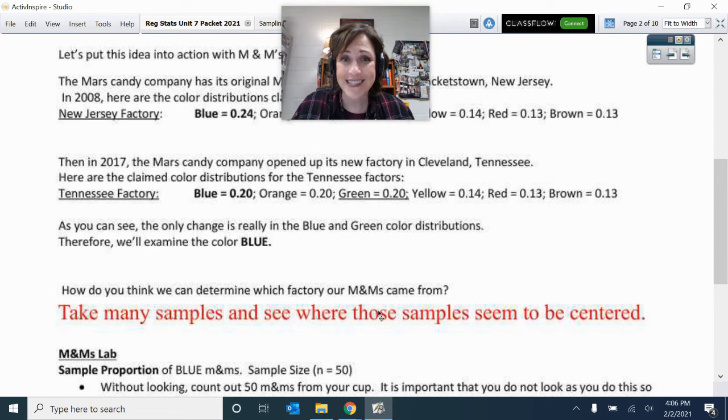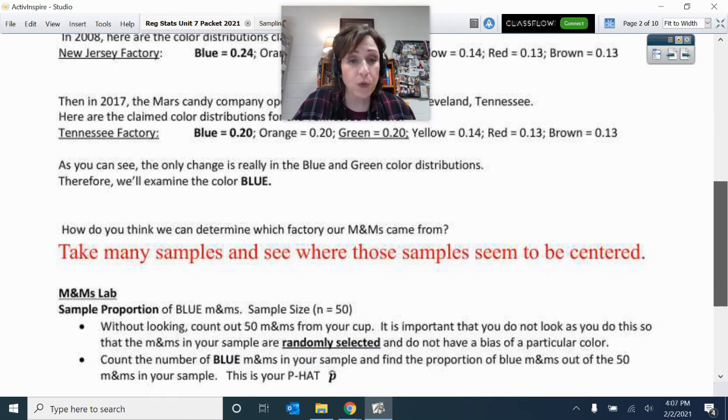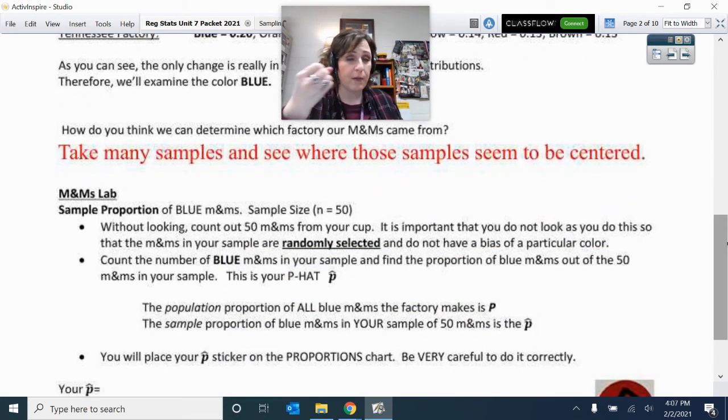Okay, so that sets up the lab. You are then going to get a little cup of 50 M&Ms, okay? And you're going to count your M&Ms and make sure you have 50 because all of our samples have to be the same size. So you're going to count out 50, no bias. So you just fill out 50 so you're not subconsciously looking for more of the blue M&Ms, okay?